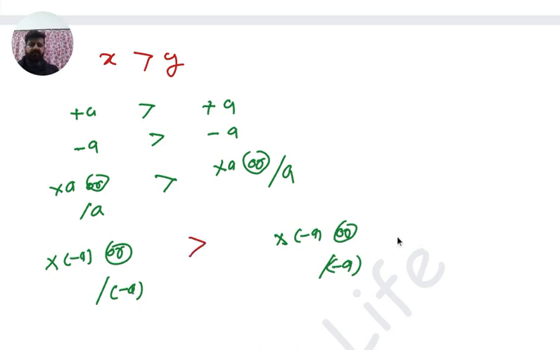So remember this is important. If you add or subtract on both sides, the sign will be the same. Multiply, divide, the sign will be the same. If you multiply by something negative or divide by some negative term, the sign of inequality will change from this to this.